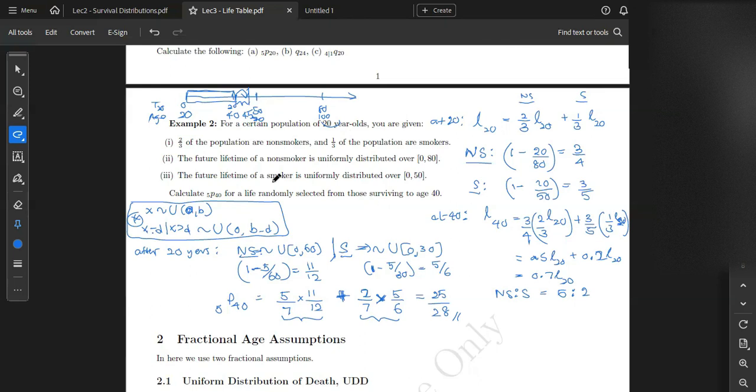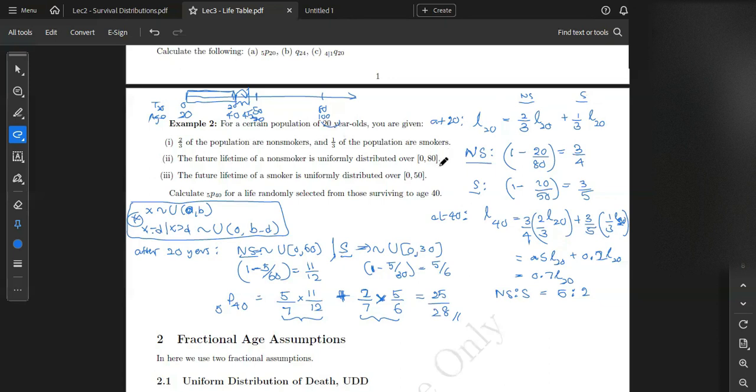Then we interpolated between the future lifetimes and found the distributions for age 40. Using this, we assumed there were L20 people in this population at the beginning, and since the ratio was given, we could calculate the respective sub ratios for non-smokers and smokers.